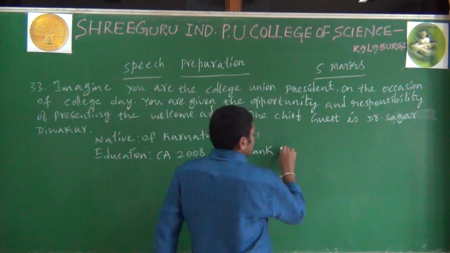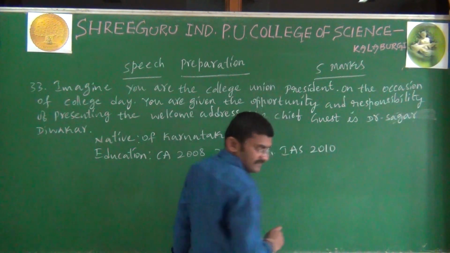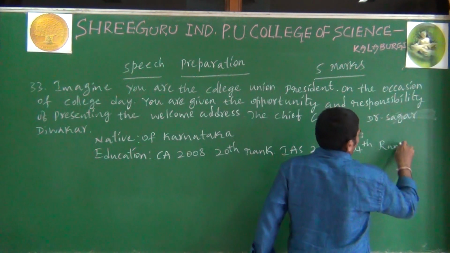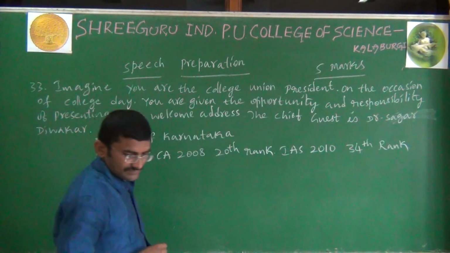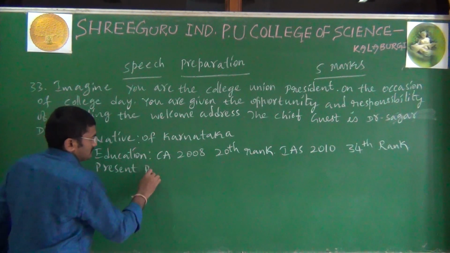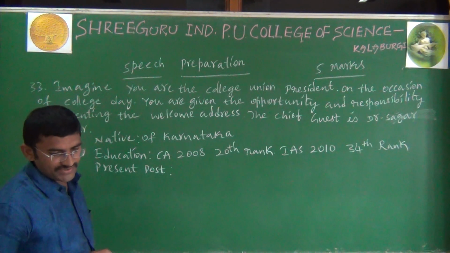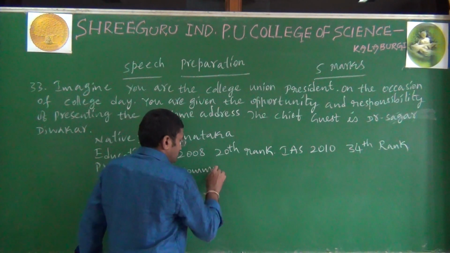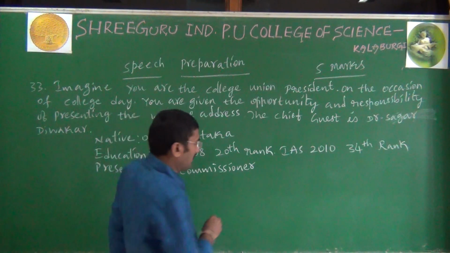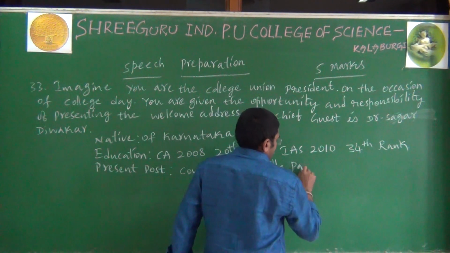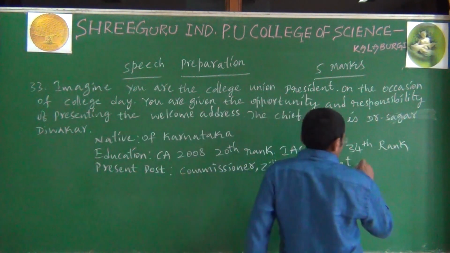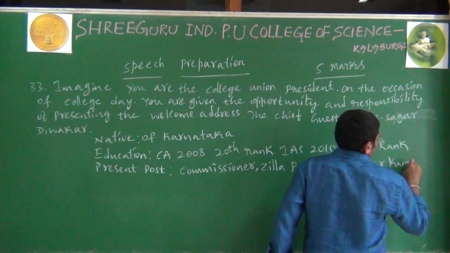IAS 2010, 34th rank. Present post, he is commissioner now. Commissioner, Jilla Panchayat, Uttara Kannada.